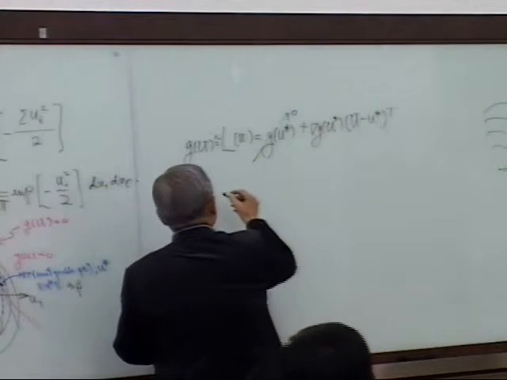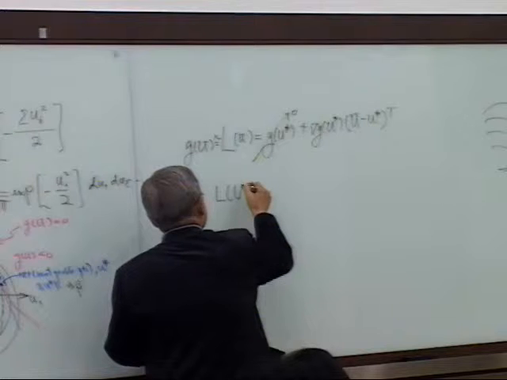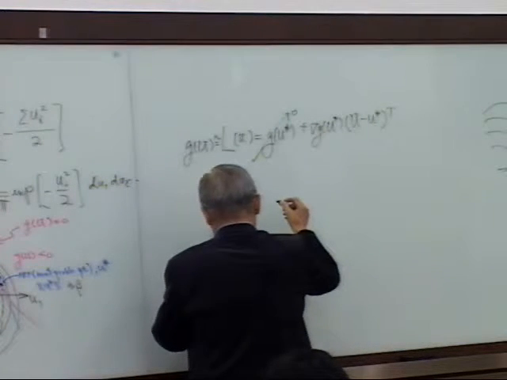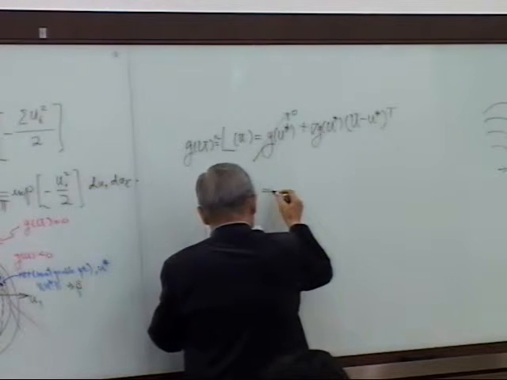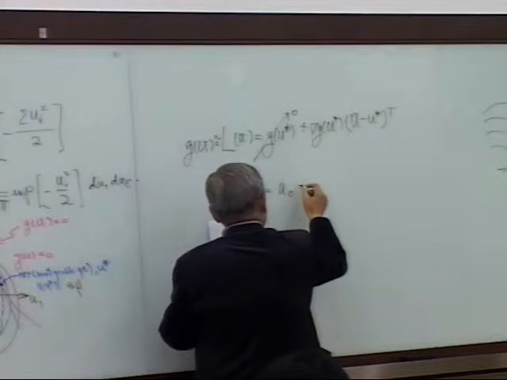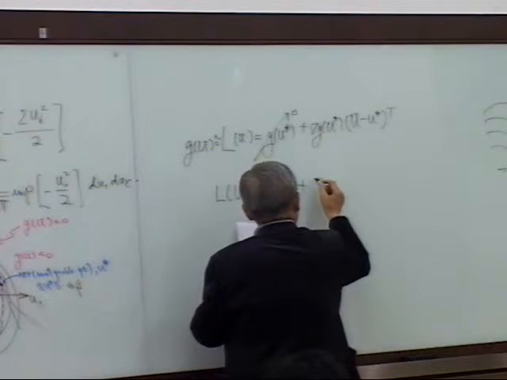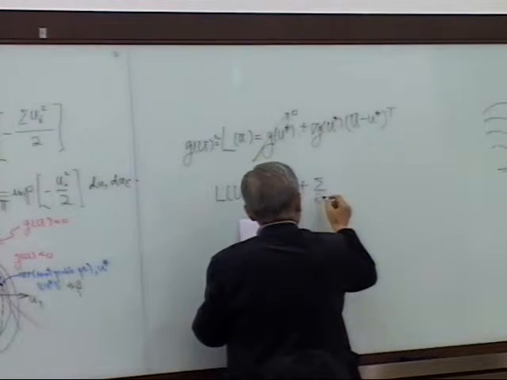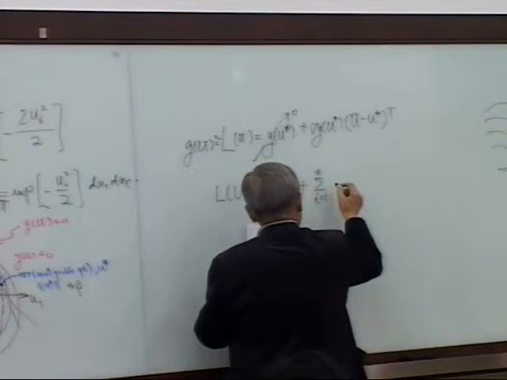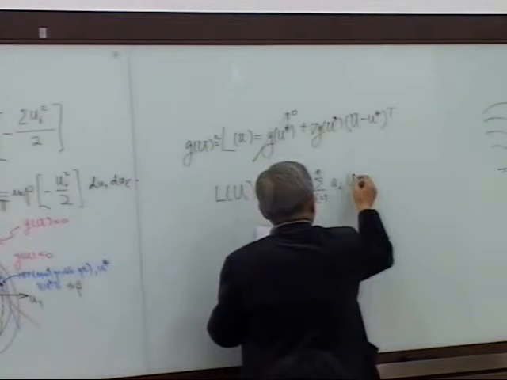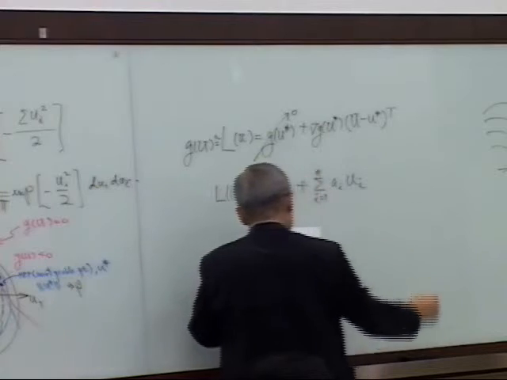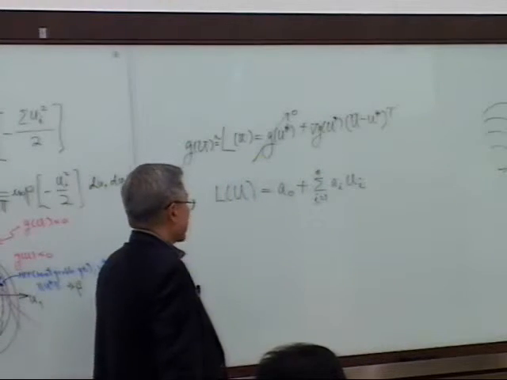And I can claim that L(U) is equal to A naught plus the sum for i equal to 1 through N of Ai Ui.